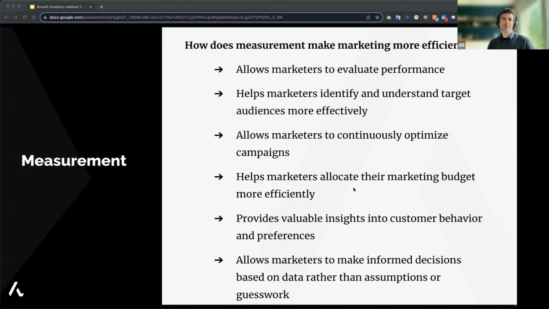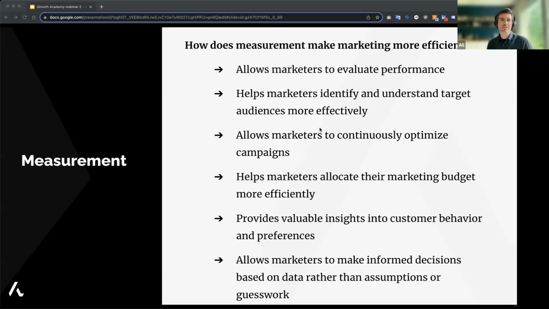And there are several ways that measurement makes the marketing more efficient. So the first one is it simply allows marketers to evaluate the performance. We can look at it continuously and learn from the numbers and improve what needs to be improved.